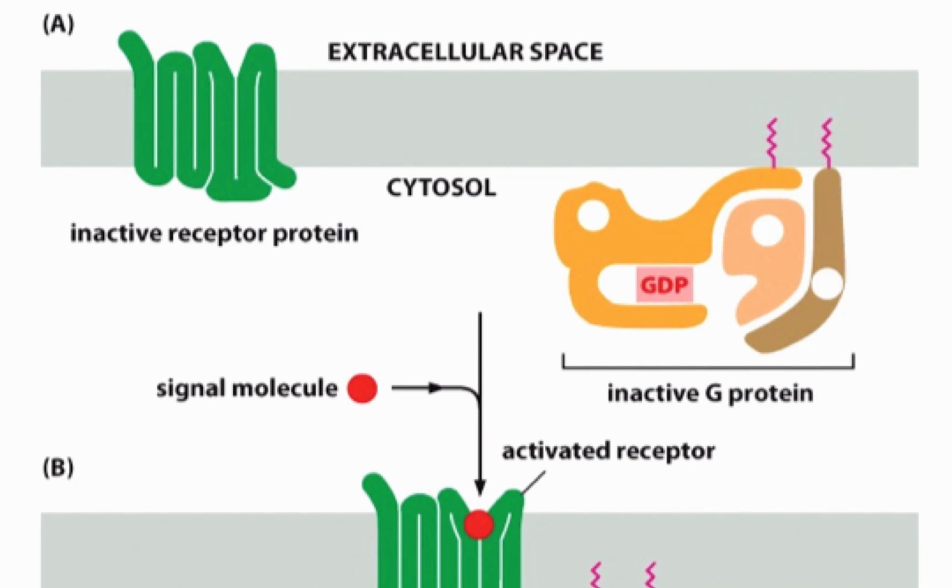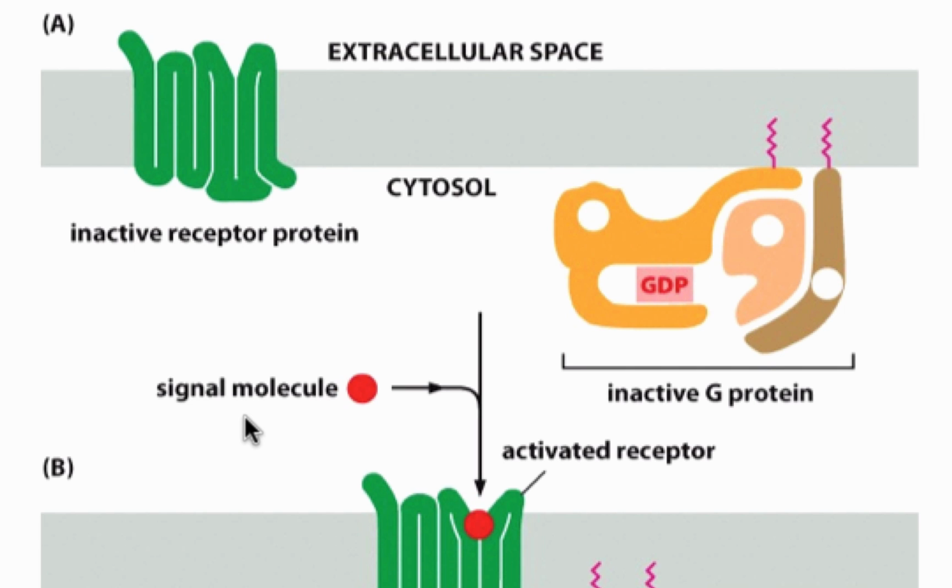Now, let's take a look at this. As the movie mentioned, what we have is an alpha subunit, that is the GDP binding subunit, and we also have a beta and a gamma subunit. Those are going to be separate. They are linked to the protein by lipids, as shown over here in the image.